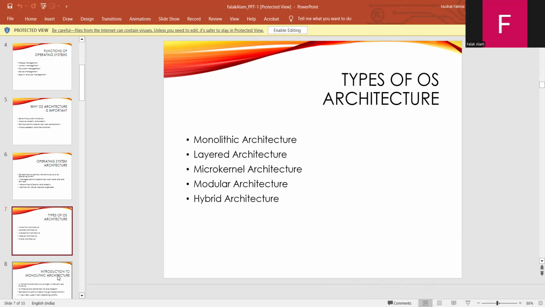Since the name suggests layered, the operating system is divided into different layers, and each layer has a specific function. The two adjacent layers can communicate and function as they are needed.